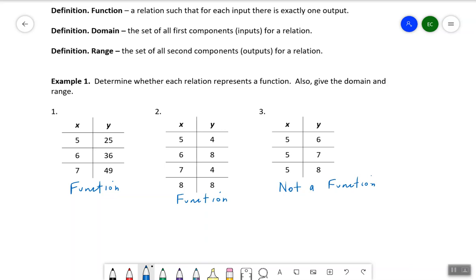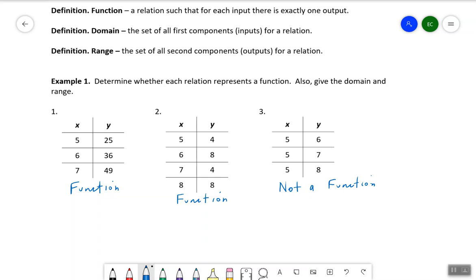Sometimes I hear students say that they can look at a table, and if the input repeats, then it's not a function. If the input does not repeat, then it is a function. So that's a good, I guess, working definition or informal definition. That should work for you for the most part. But you really want to know the formal definition as well.